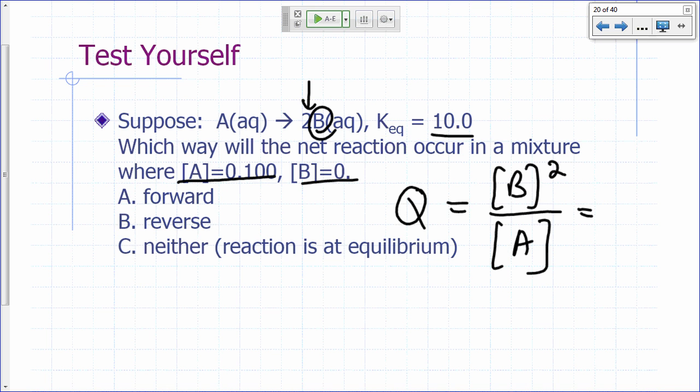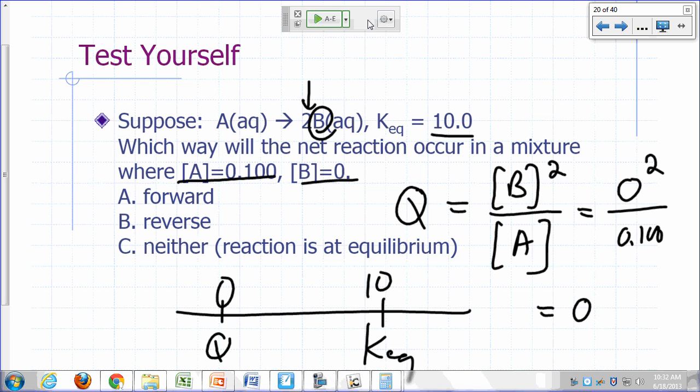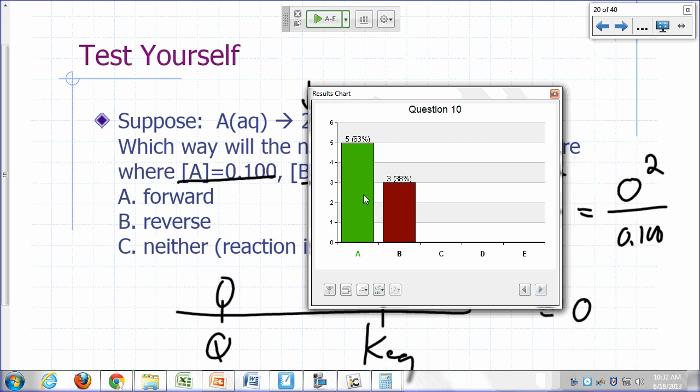A. So what's the concentration of B right now? 0. 0 squared over 0.100 is... So how does Q compare to KEQ? KEQ is 10. Where is Q? Where is 0? Q is 0. So which way will it go? Forward. Okay.